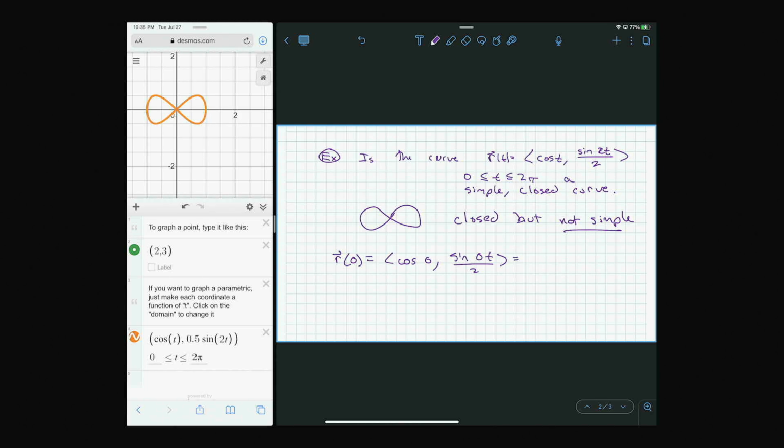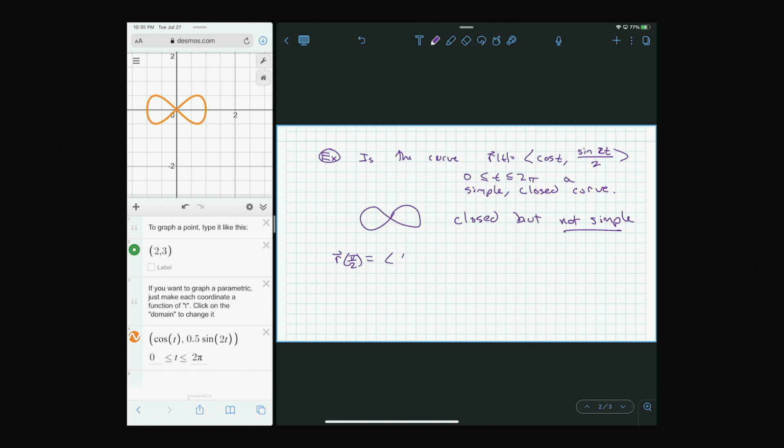Wait. Yeah, it would be 1, 0, but that's not the one I want. Okay. So that was wasted effort. I'm going to redo that. Let us try pi over 2.